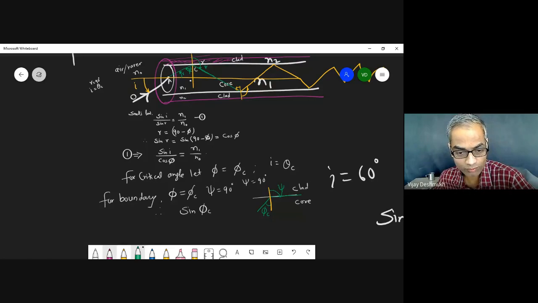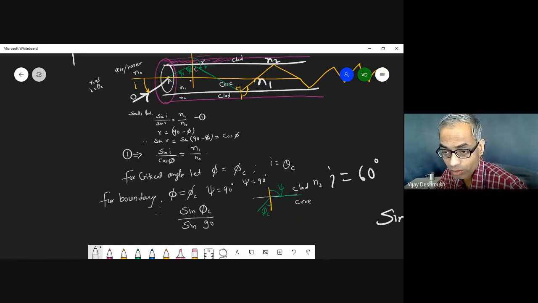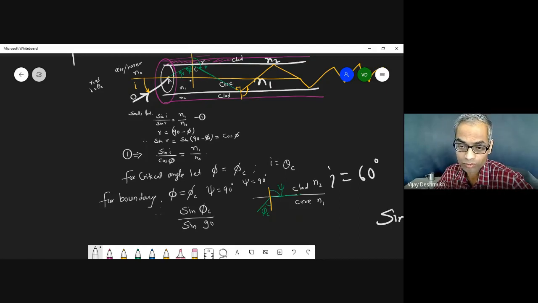So sin phi c divided by sin 90. Am I right? ये 90 हो गया ना? Sin phi c divided by sin 90 is equal to the next one, जहाँ पे लाइट जा रहा था वो divided by जहाँ पे इंसिडेंट हो रहा है वो. So this is n2 upon n1. Am I right?